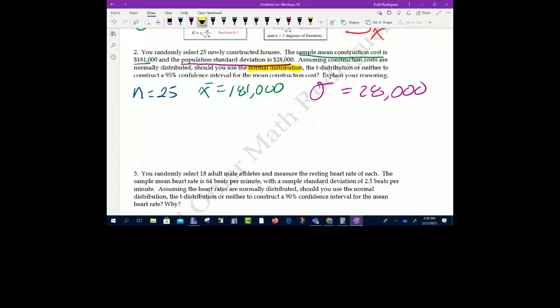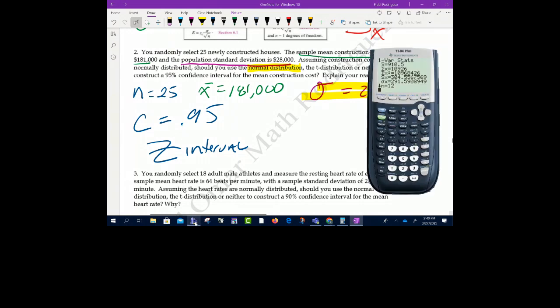Y'all, we're going to go with the normal. Why? Because that's the guy that we know. So we would use the first one in red for that. That's right. So look, what kind of confidence level are we looking at here? Yes, my confidence level, y'all, 0.95. Y'all, we're going to use our Z interval test.